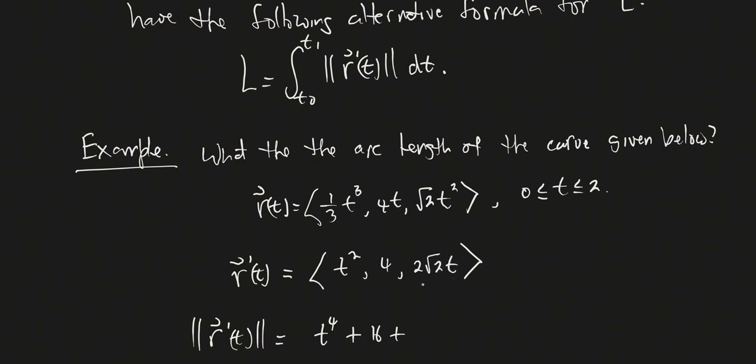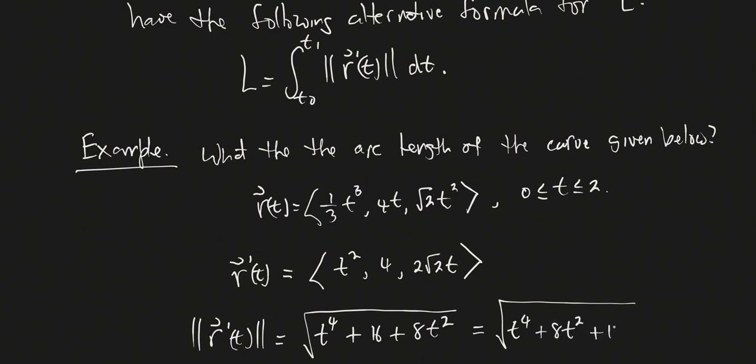So when we square this, this will give me 4, this will give me 2, so that's 8t squared, when I square the third component. And then I have to compute the square root of that. So if we write that in the standard form of the fourth degree polynomial under the root, it's t to the fourth plus 8t squared plus 16.